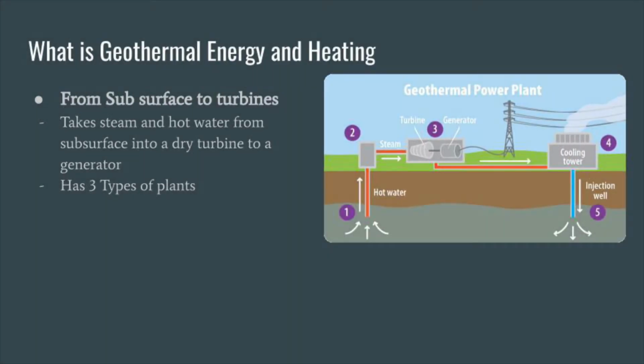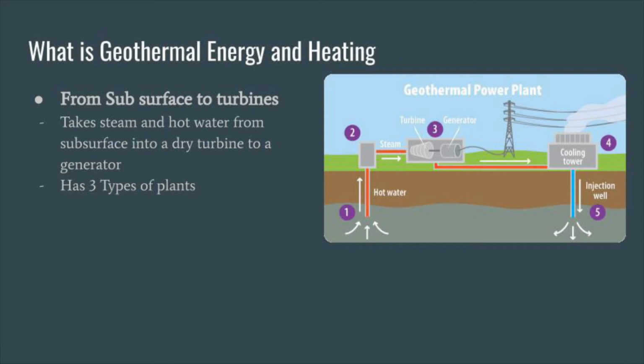Alright. First, let's go over what geothermal energy and heating is, going through different parts of how it works so that we can get a good understanding of what the impacts of it can be to you, the environment, and also different financial areas. So, first, geothermal heating is the change from taking steam that is in the surface of the earth and using it to create energy.